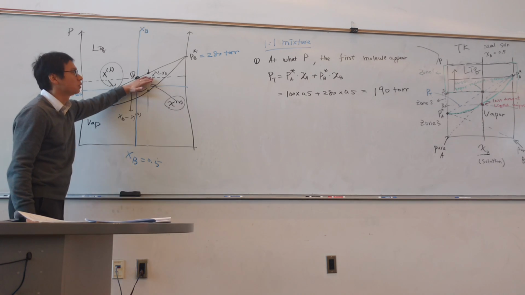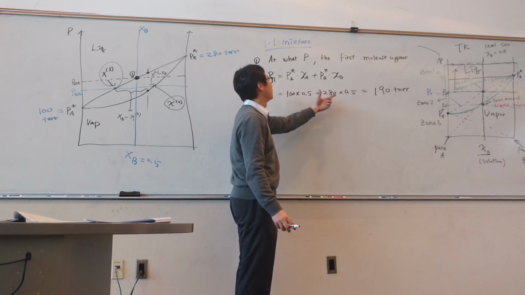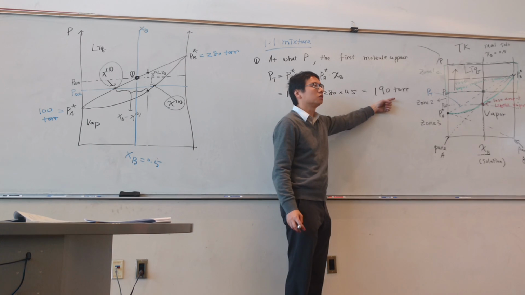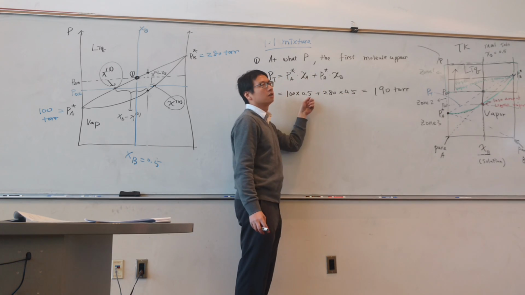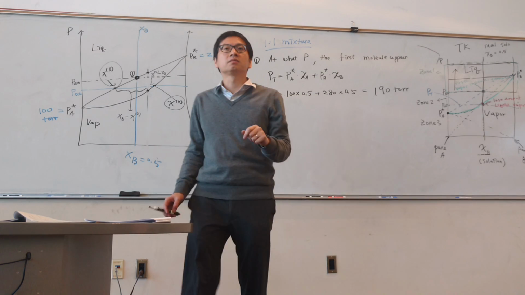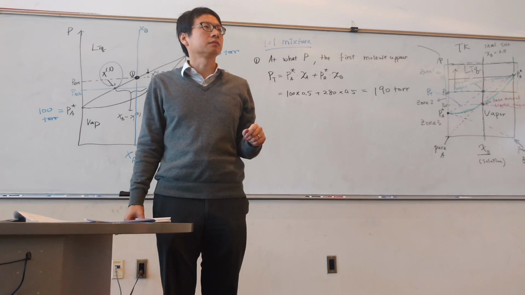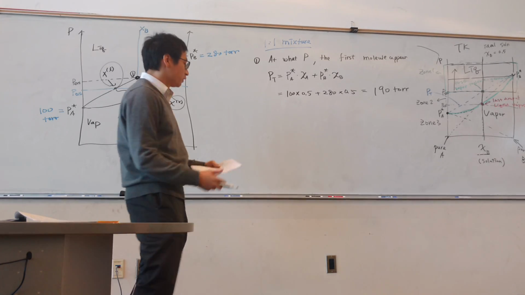Because it's an ideal solution, you know your P total is equal to this. Then you can calculate the P total using this equation once you know the mole fractions in your solution and the corresponding vapor pressure of the pure substance. Alright, so let's answer the first question.